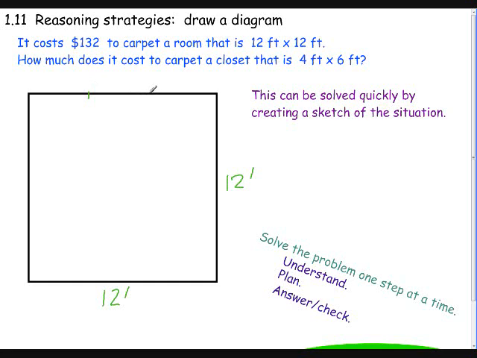If that's 12, then this must be 4, and 6 must be right in here. So if we had a closet that was 4 by 6, how much would that cost? Well, one way I could look at this, let me change my colors.